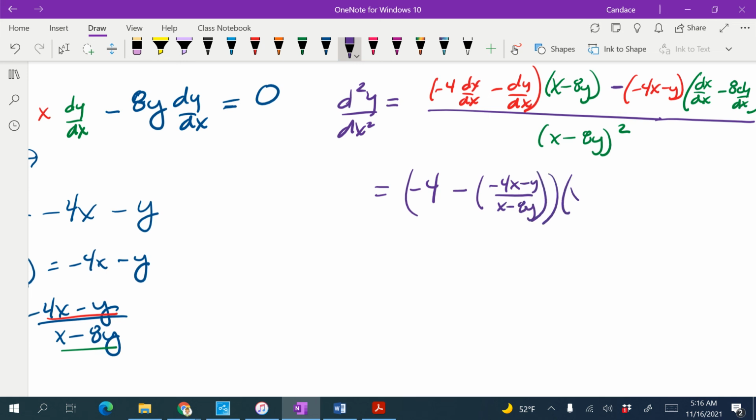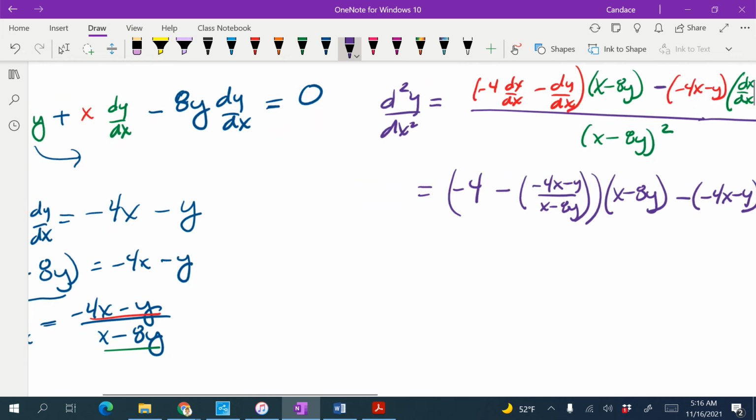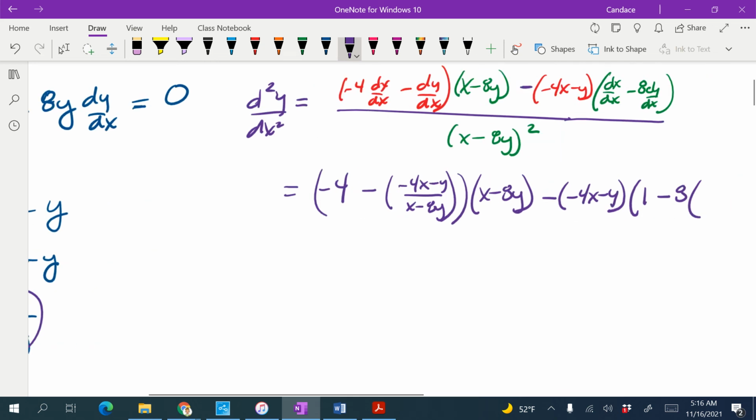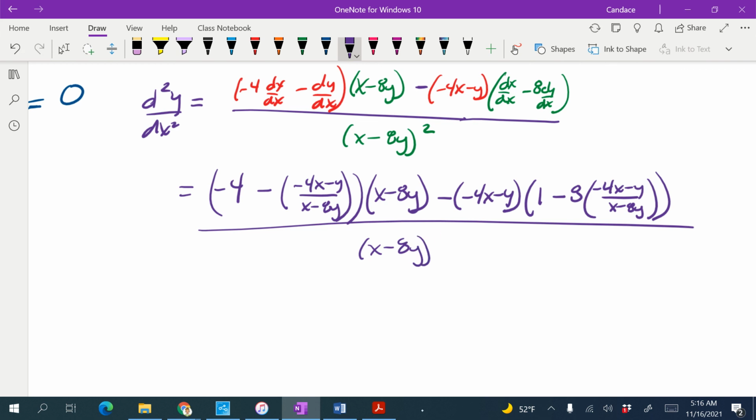And then the green just gets dropped down, x minus 8y minus the negative 4x minus y. The dx/dx is going to turn into 1 minus 8, and then I'm going to plop my dy/dx in here again. So negative 4x minus y over x minus 8y, all over the x minus 8y squared.